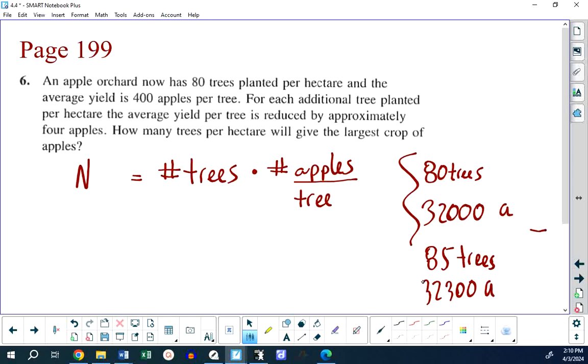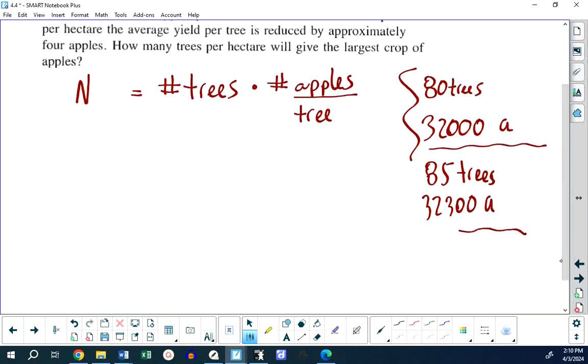And to the less informed or thoughtful person, you might think, oh, I'm just going to keep planting more and more trees and getting more and more apples because the number of apples went up. But, and I'm going to have to grab my calculator for this one, if we planted 160 trees, we've increased by 80 trees, and each tree is 4 apples less.